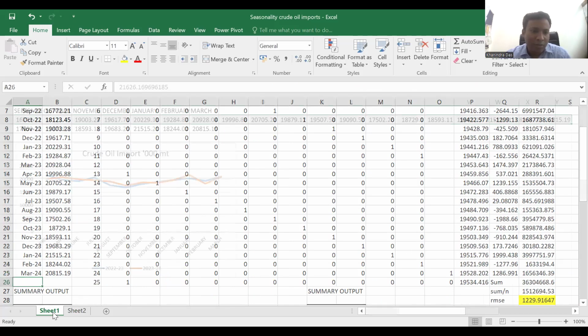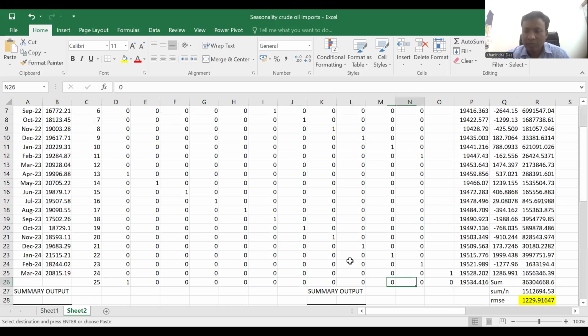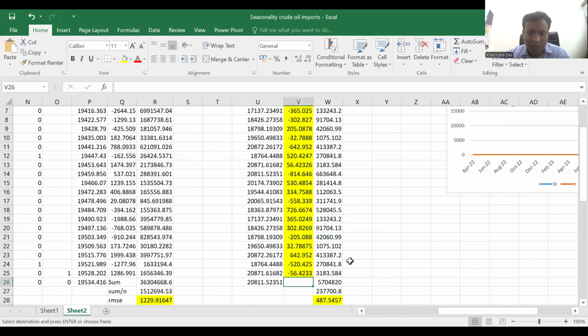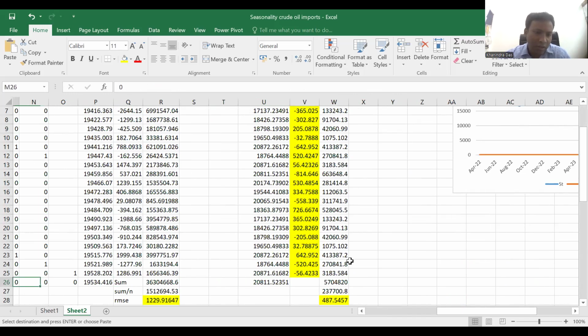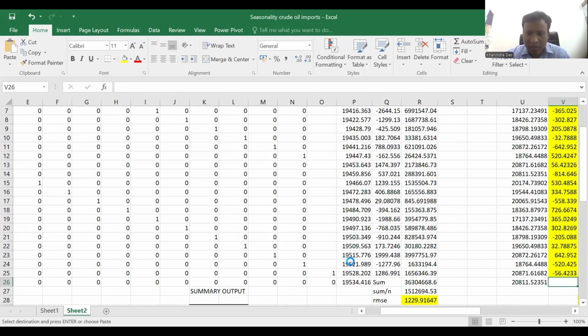If you look at the figure which is available now for 2024-25, the first month, 21493 is the actual number, and you forecasted it to be 20811, and that leaves an error.